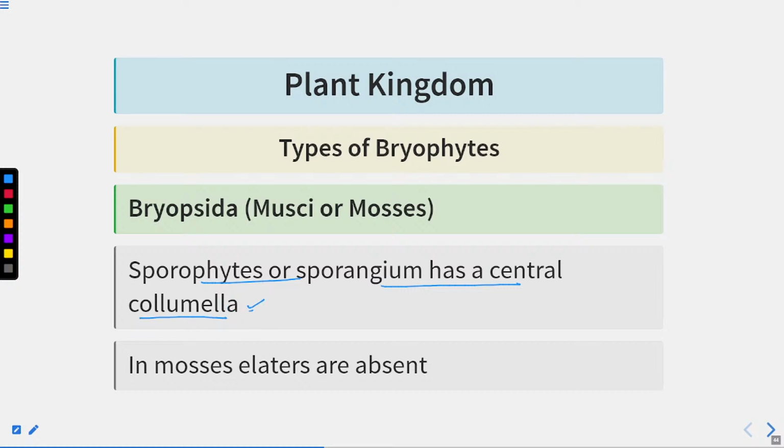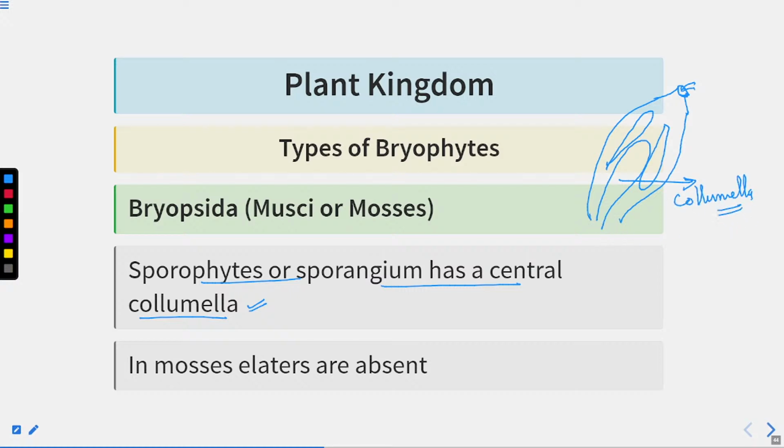So again I'm drawing the capsule. In this region, this is the spore bearing structure. This is the apical region which has the peristomal teeth. This is the columella, right? It is a nutritive tissue which provides nourishment to the surrounding tissue, right?